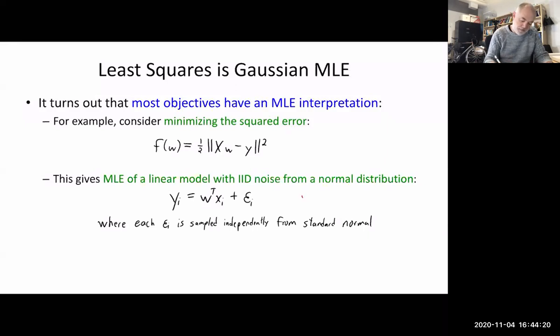Yi is distributed normally about W transpose xi with sigma I, or you can write the residual as yi minus W transpose xi is distributed normal.